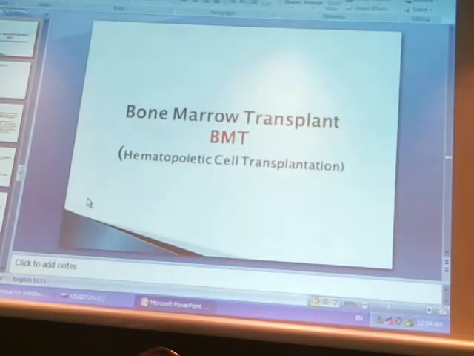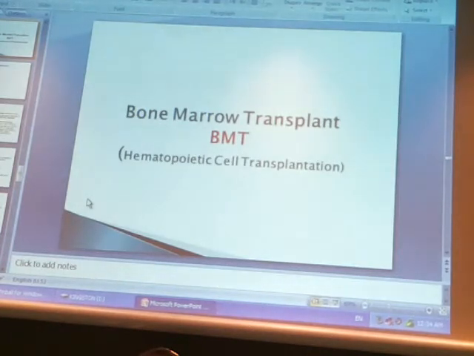How many types of bone marrow transplant? According to the donor and according to the recipients, what kind of chemotherapy you are giving. In general, medical oncology deals with... what's medical oncology?